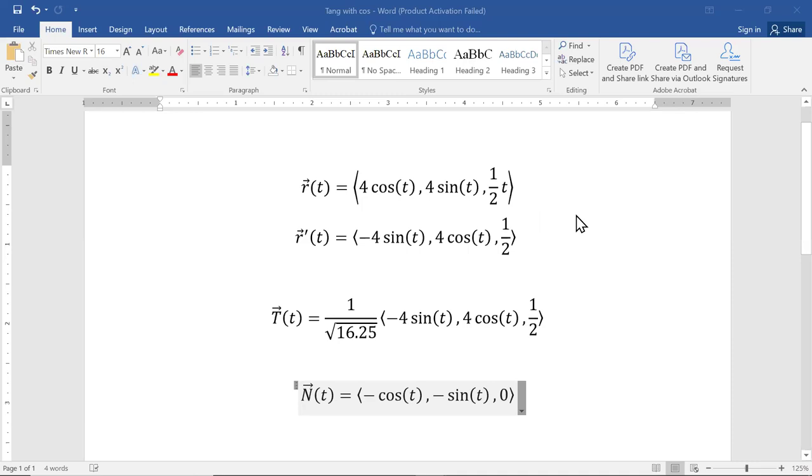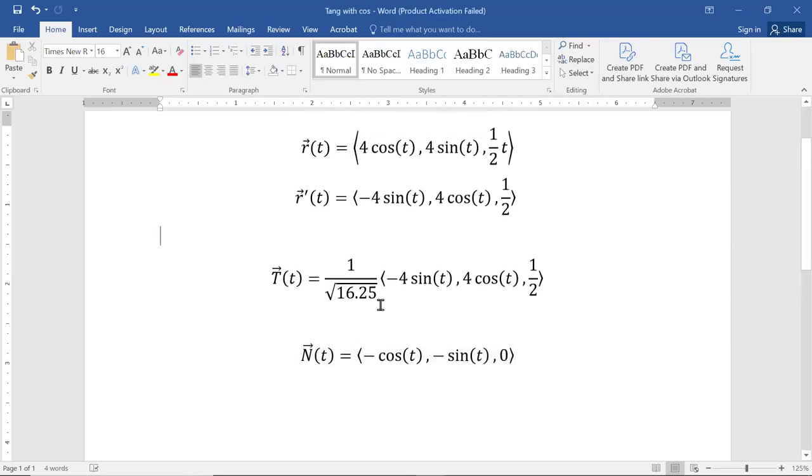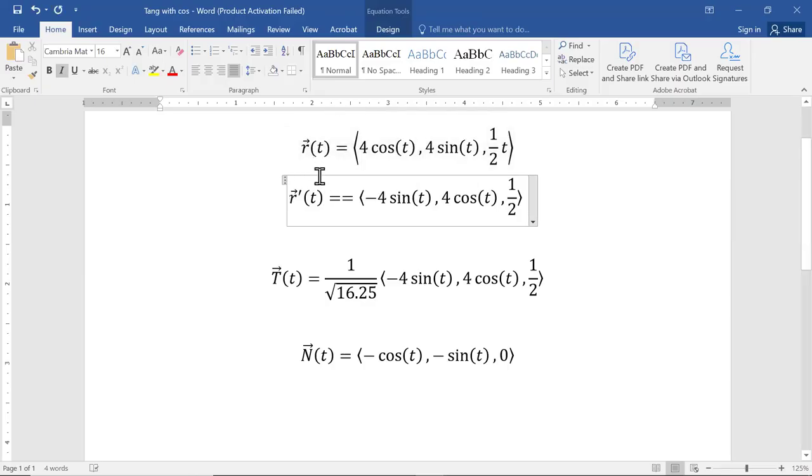In our previous work, we found the derivative of r of t. We found the unit tangent vector, and we found the unit normal vector. So we need to find the velocity function, which, by the way, velocity is the first derivative.